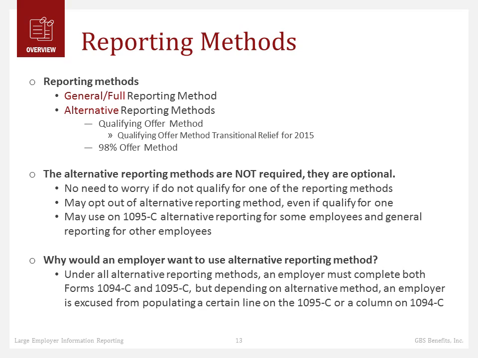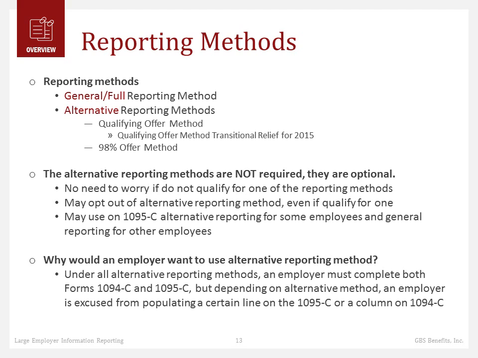Now, again, the alternative reporting methods are not required. They are optional. So there's no need to worry if you don't qualify for one of the reporting methods. You may opt out of the alternative reporting method even if you qualify for one. And you may use alternative reporting on the 1095C for some employees and general reporting for other employees. So hopefully that's clear now to you.